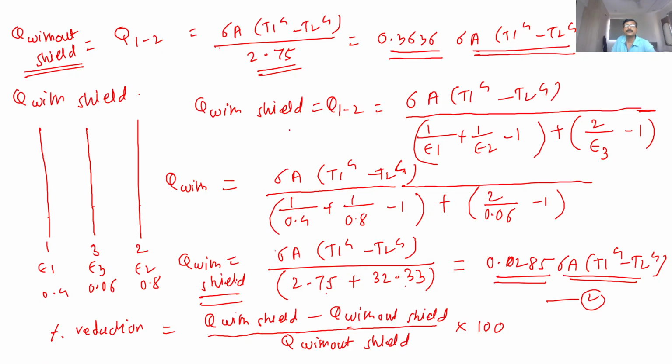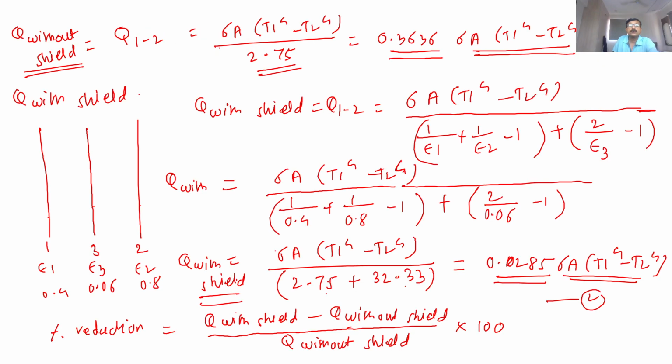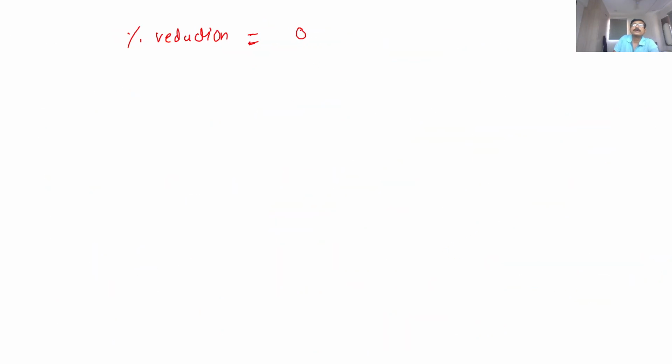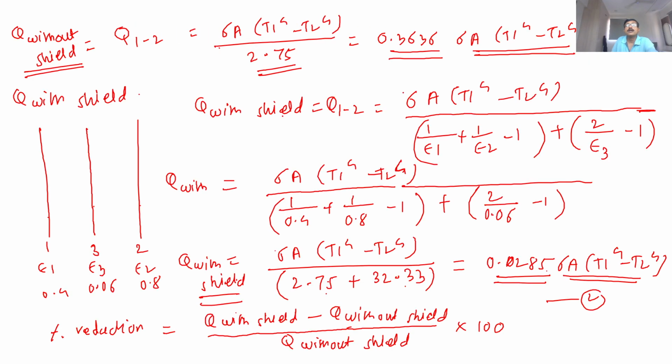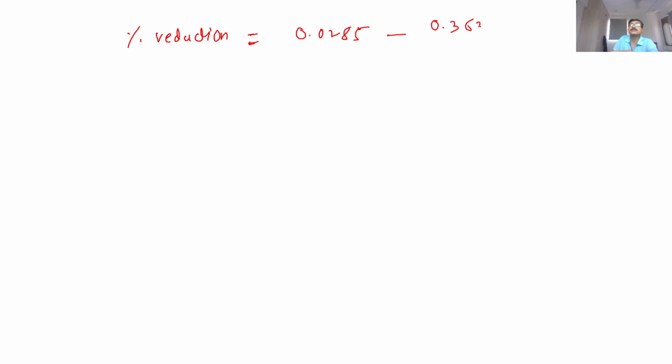So let's do it. Percentage reduction in heat transfer by adding the shield is equal to, what is the value of Q with shield? With shield it is coming as 0.0285, 0.0285 minus what is without shield, 0.3636, divided by without shield 0.3636, into 100.